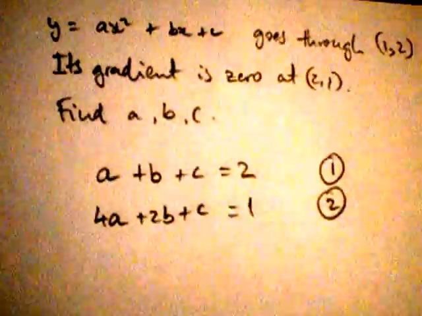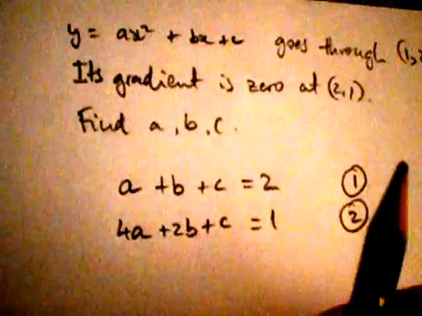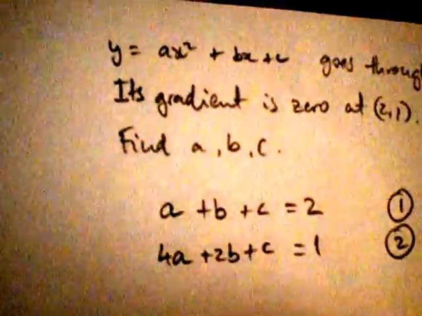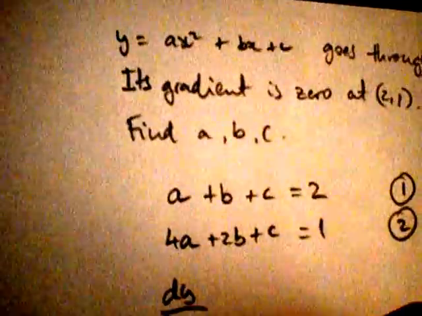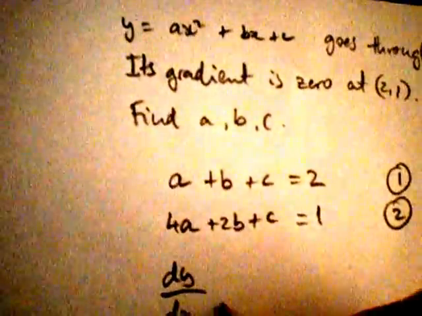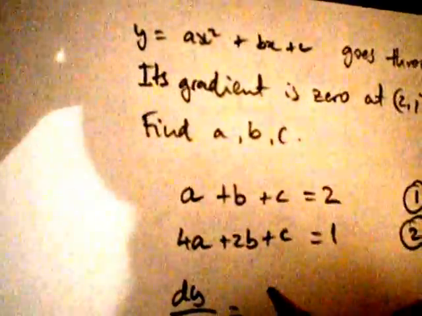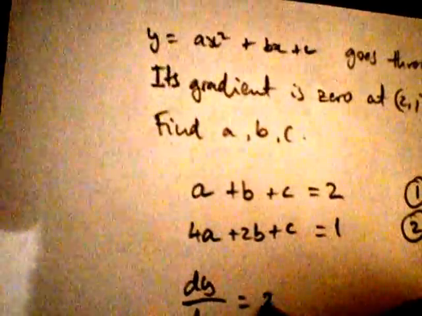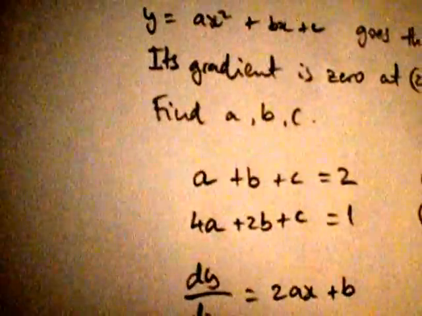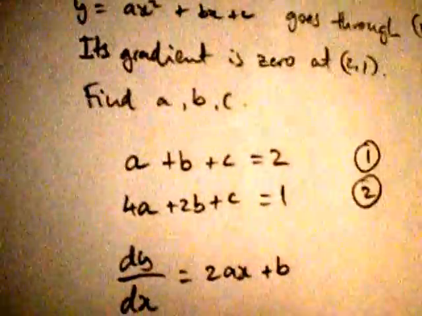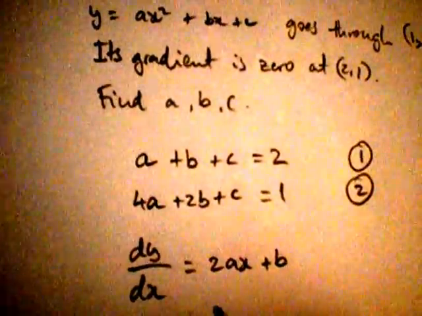Okay, now as you rightly did before, the gradient function will be 2ax plus b, and we know that this is 0 when x is 2.